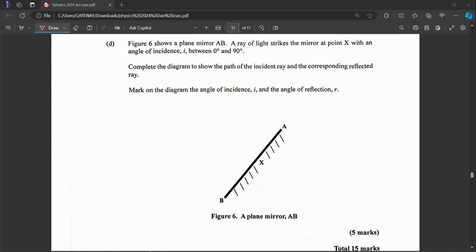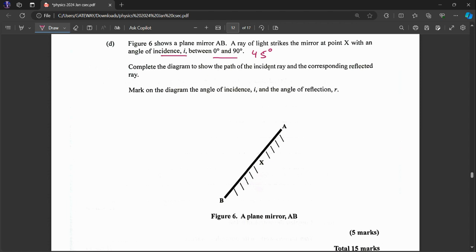So let's see. The question reads as follows. Figure 6 shows a plane mirror AB. A ray of light strikes the mirror at point X. You have a point X there with an angle of incidence between 0 and 90 degrees. I could say it's like 45 degrees.